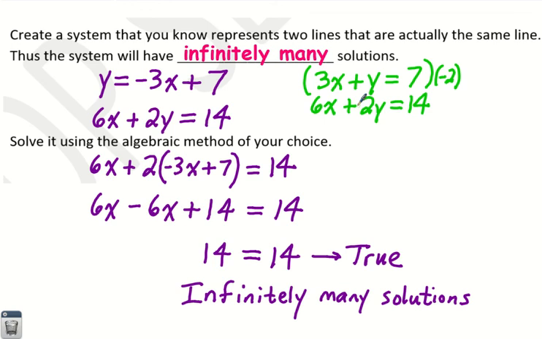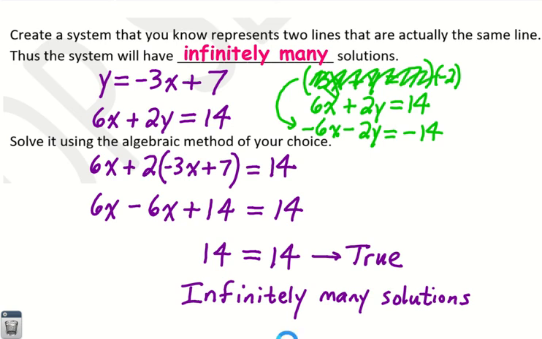So this equation becomes negative 6x. I'm going to draw a little arrow here. Negative 6x minus 2y equals negative 14. And so now when I go ahead and add these two equations together, these obviously cancel like I intended, but so do these.